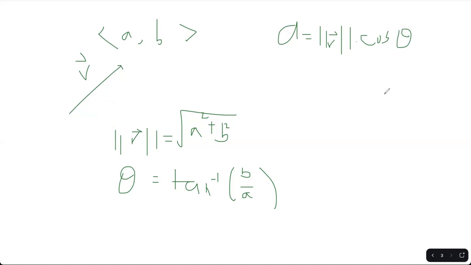So it's going to be cosine. And then b is going to be, as you might imagine, the magnitude of the vector times sine theta. So now we can finally get into 2D motion. This is basically all you need to know about vectors for now.